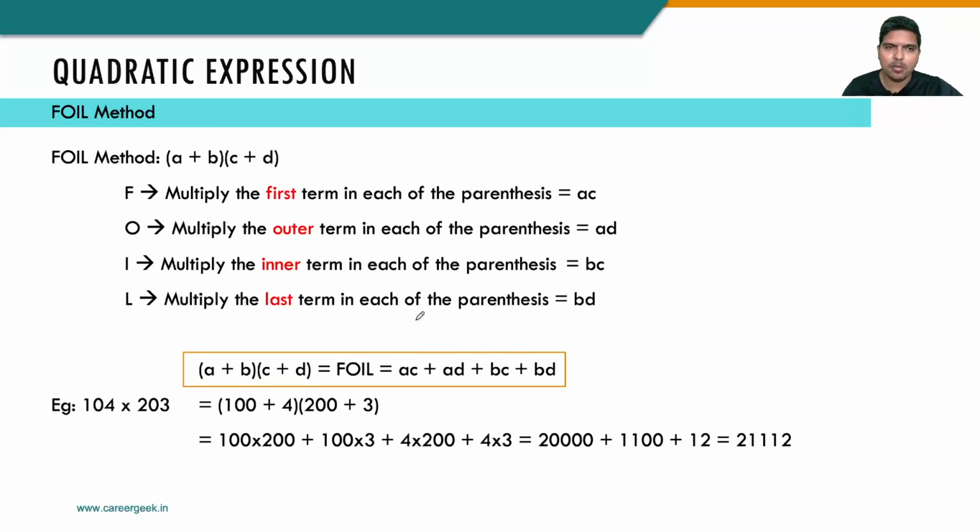Now, what is the FOIL method? The most important thing to understand is what FOIL stands for. That will help us directly multiply these kinds of factors. Okay, this is in factored form, right?